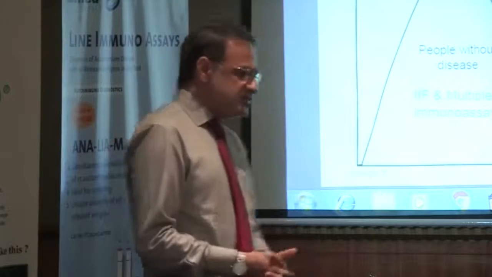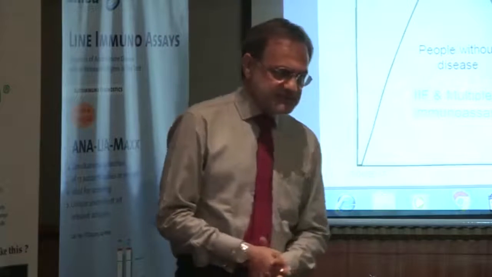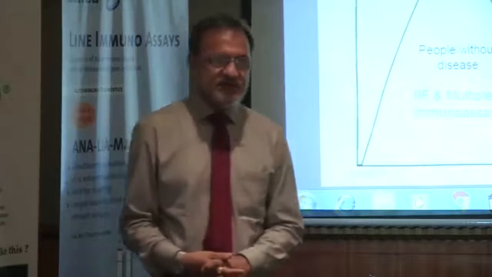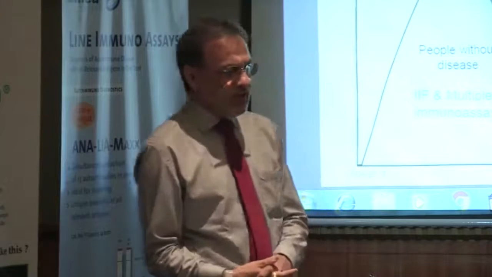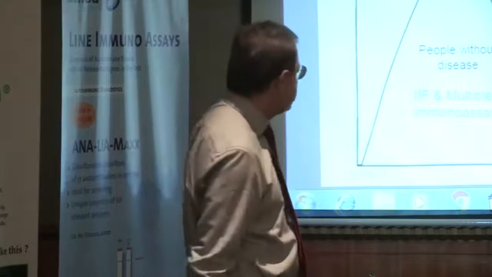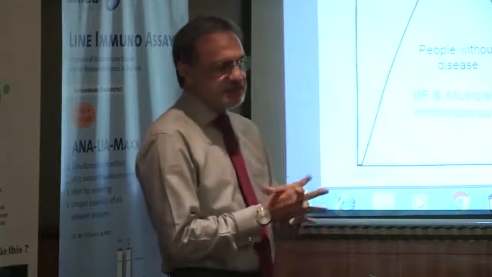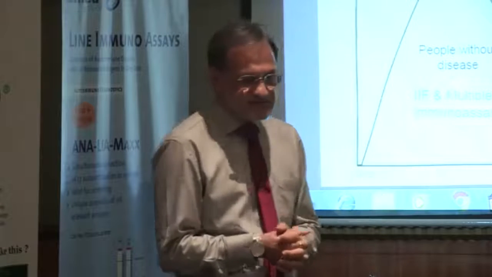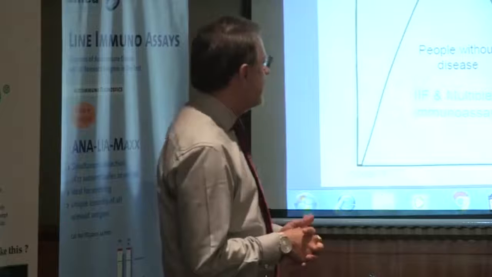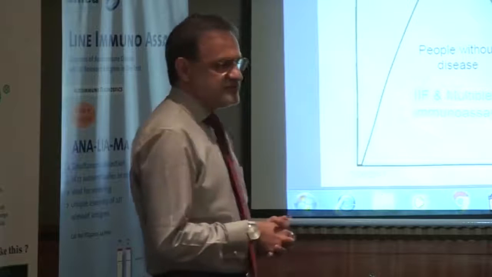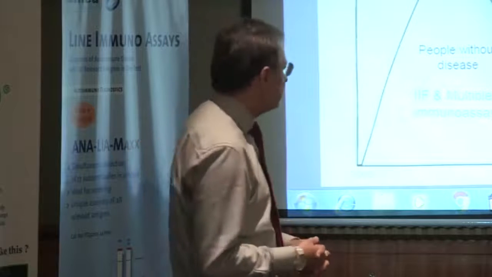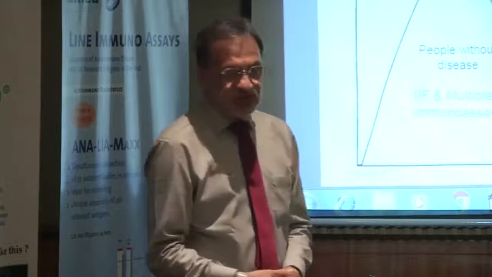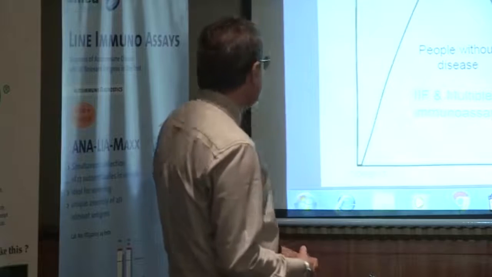Autoimmune laboratory tests are of two types, typically represented by ANA. These would be either a screening test, which should have very high sensitivity, almost 100%, or a confirmatory test, which has very high specificity, almost reaching 100%.